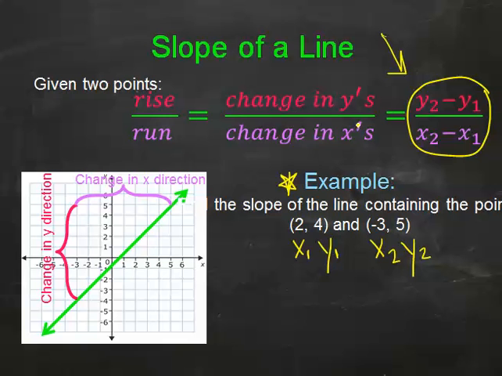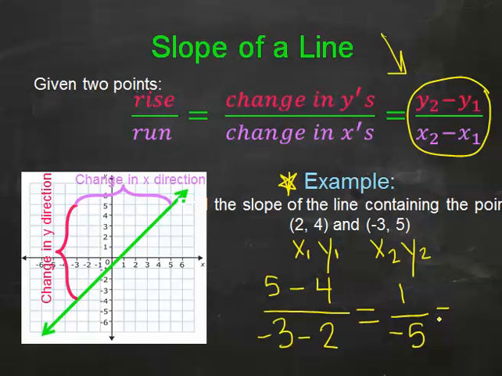So the formula says y2, so for our example, our y2 was 5. And then we have our y1, which was 4. Then we have x2, which is a -3, minus my x1, which is a 2. So I have 5 minus 4, which is 1. And then -3 minus 2 gives me a -5. And I want to clean it up a little bit, making it -1 over 5.